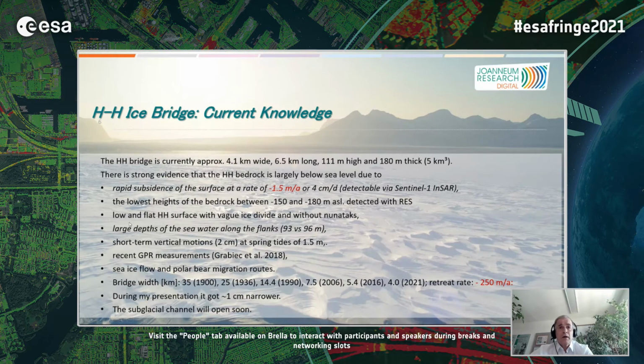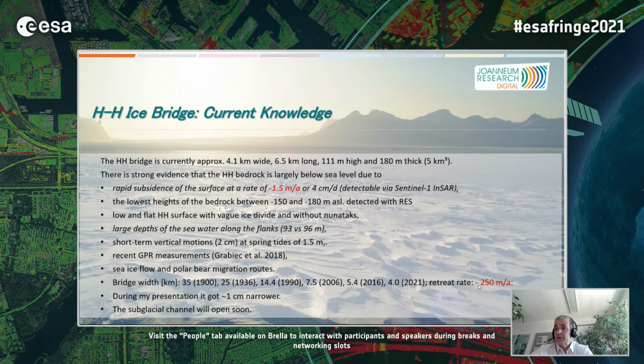The low and flat surface of the ice bridge with a vague ice divide and without nunataks, and the large depth of the seawater around the ice bridge, also indicate that it's grounded on the sea bottom. The bridge width reduced steadily from 25 kilometers in 1936 to 4 kilometers in April 2021.